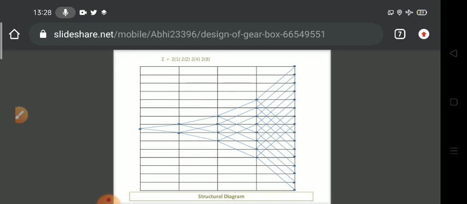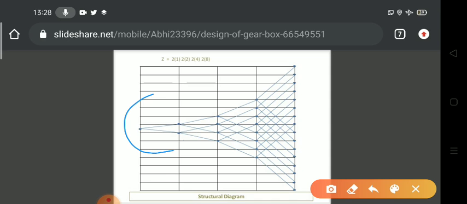So the structural formula is written as 2 to 1, 2 to 2, 2 to 4 and 2 to 8. So we can draw a structural diagram. In the first stage, we have only one shaft which is connected to two, so the speed is reduced as 2 to 1. Another two are connected to the four, right?